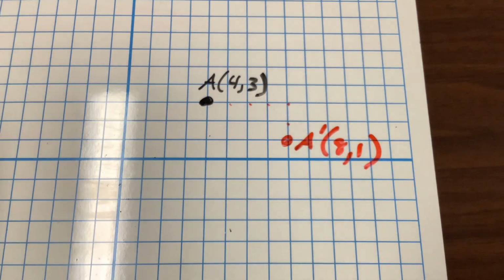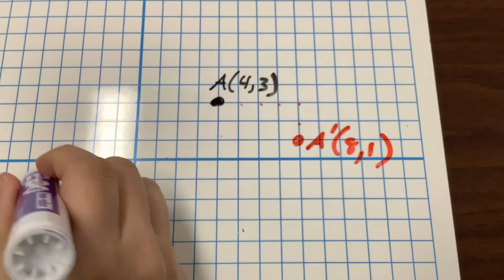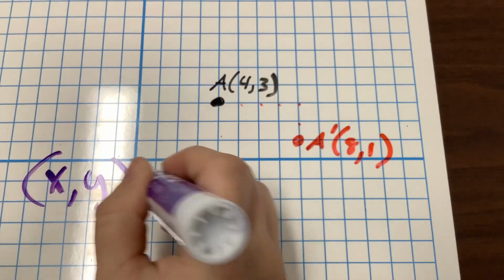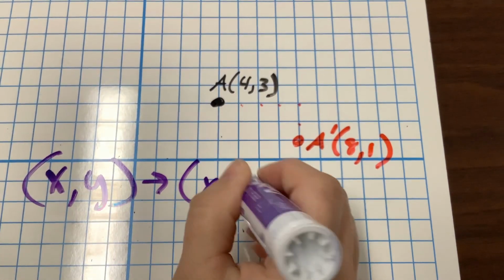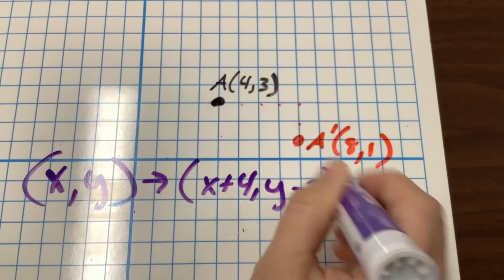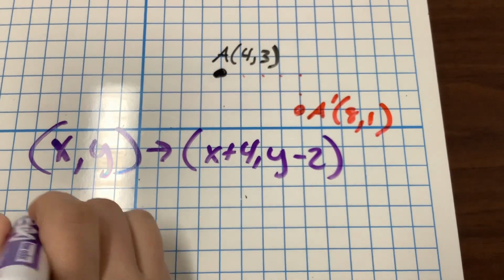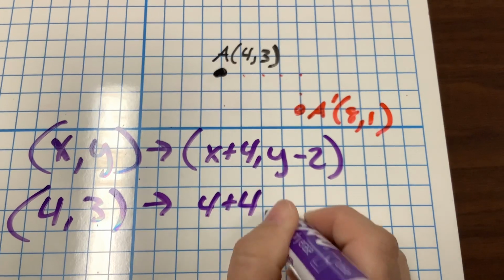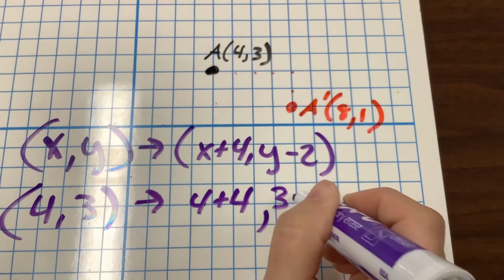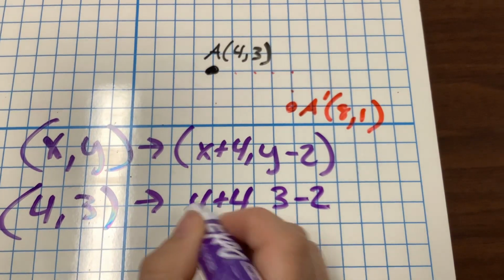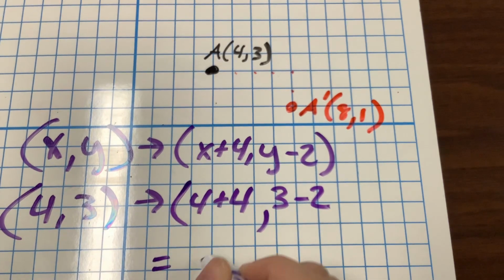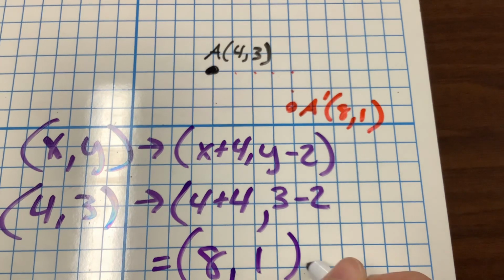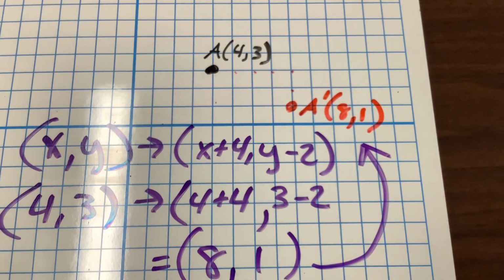Okay, so now let's look at it with our rule. We said that we would take x and y, and that it becomes x plus 4, y minus 2. So what we've done is we've taken 4 and 3. 4 is the x value, so 4 plus 4. 3 is the y value, 3 minus 2. What's 4 plus 4? 8. What's 3 minus 2? 1. And so we see that 8 and 1 is correct.